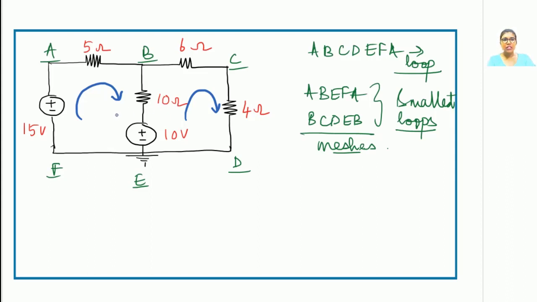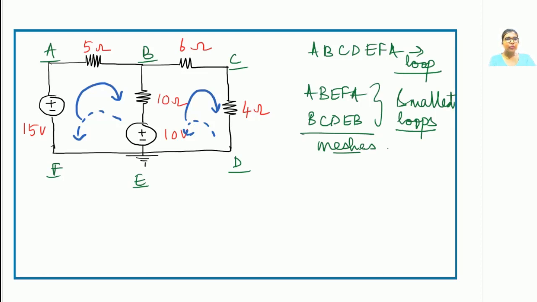For my convenience, I consider the clockwise direction to be more convenient. If you are not comfortable with the clockwise direction, you can also go with the anti-clockwise direction. But once you go with the anti-clockwise direction, all the meshes will have the anti-clockwise direction only. No combinations of clockwise and anti-clockwise directions are to be entertained when you are solving one particular circuit.